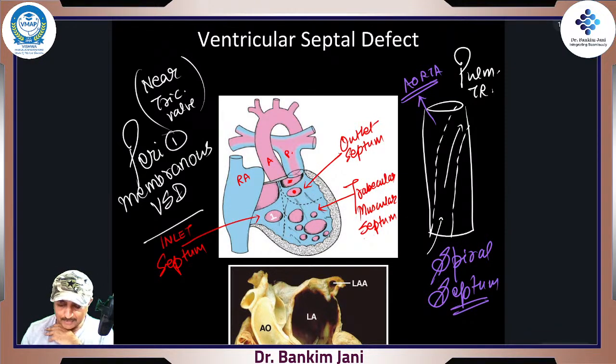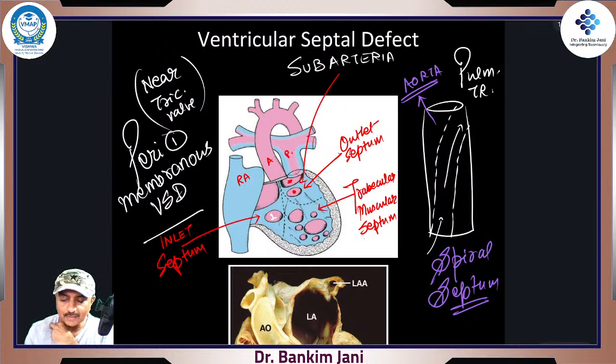So this part is called the subarterial VSD, because they are just underneath the arteries. Easy, because over here it was membranous, perimembranous, very thin, and this is just under the arteries, so subarterial VSD.